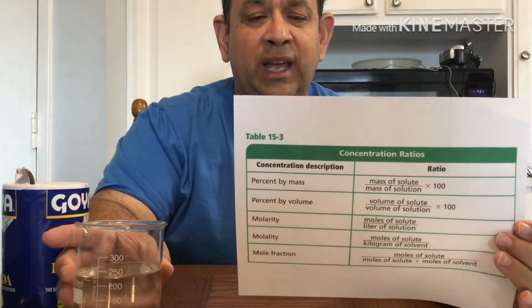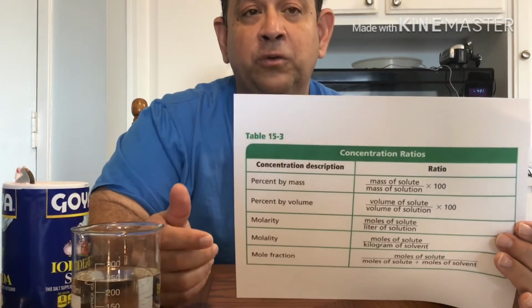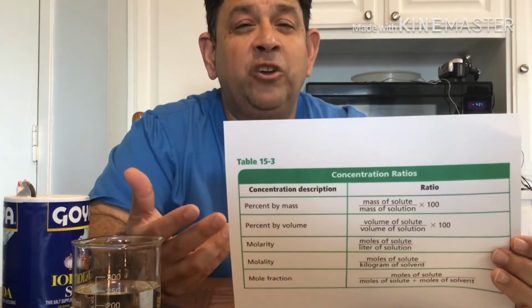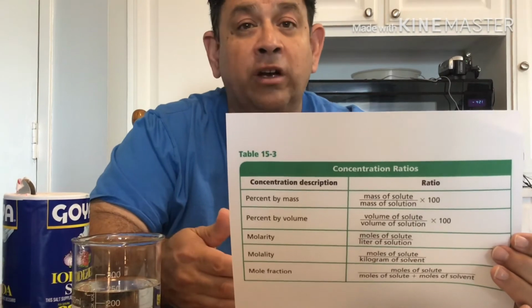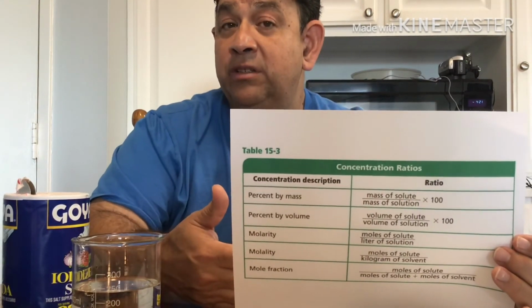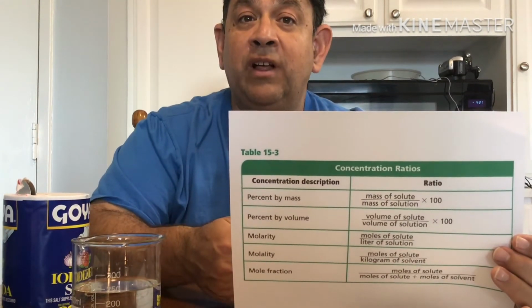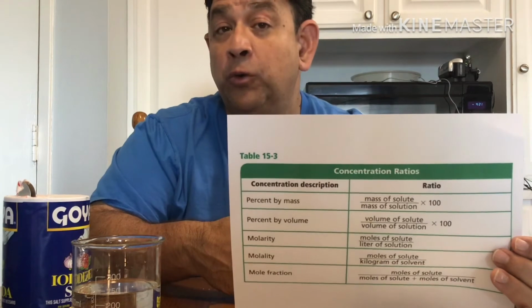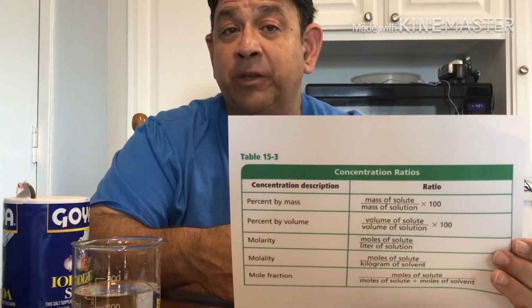That's when you take the volume of the solute divided by the volume of your whole solution. You get 100 milliliters of alcohol and 400 milliliters of water. That's a total of 500 milliliters, right? Well, of those 500 milliliters, 100 milliliters was alcohol. So you take the 100 milliliters of alcohol divided by the 500 milliliters of the total solution, and that's going to give you your percent by volume.